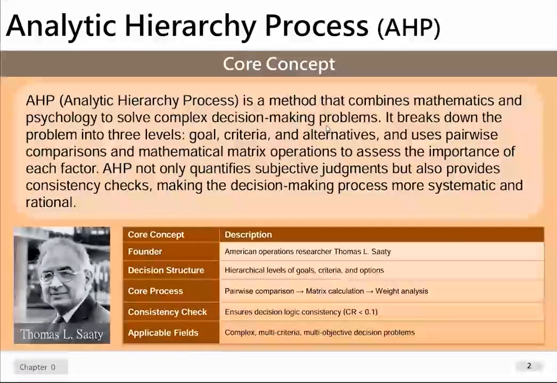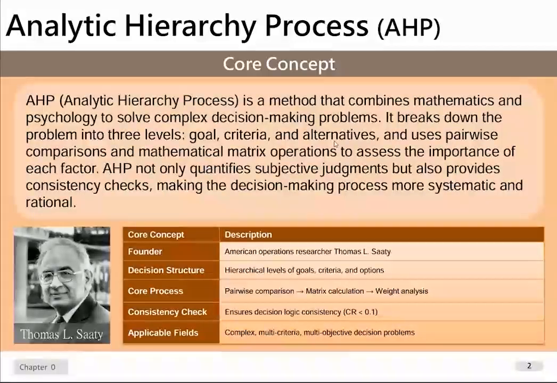So what does that mean? Basically, AHP is a way for you to make complex decisions. For example, when you are going to buy a new backpack, there are many factors that can affect your decision. AHP is a way to quantify all these factors.